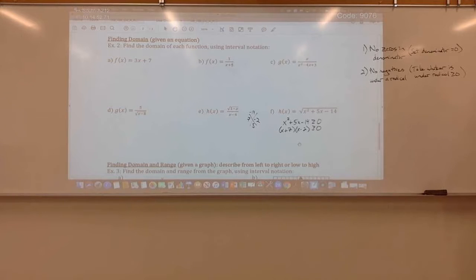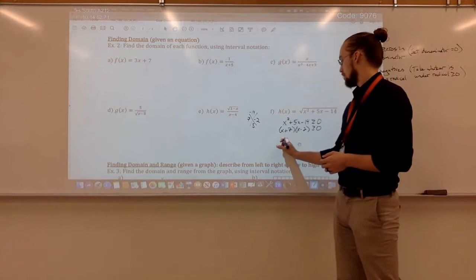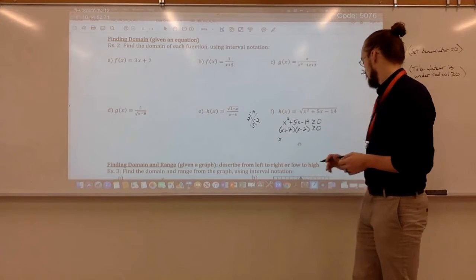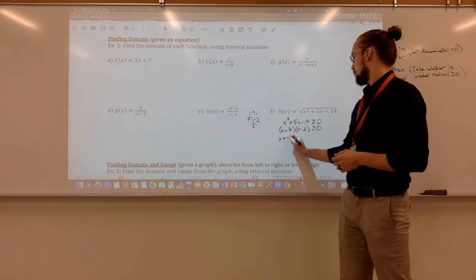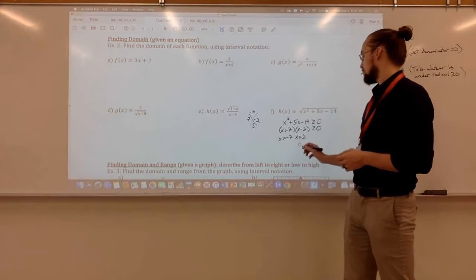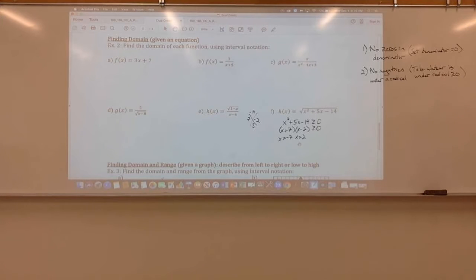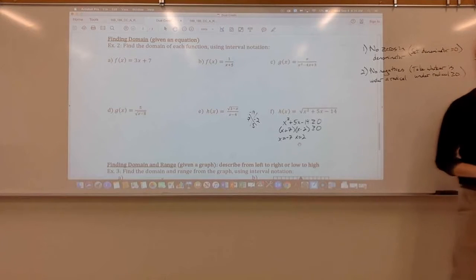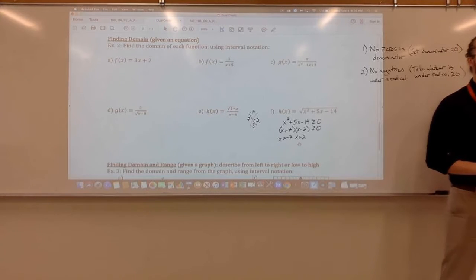Okay. So solving this then, we would get x equals negative 7 and x equals positive 2. Whenever we have an inequality, what does that mean? This is one thing that usually ends up tripping students up. I know you did this in pre-calc. I'm pretty sure you did this in algebra 2.